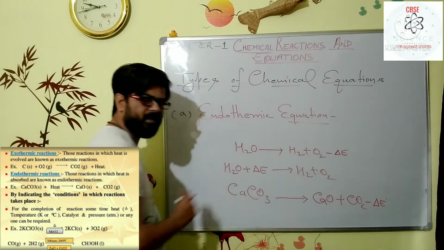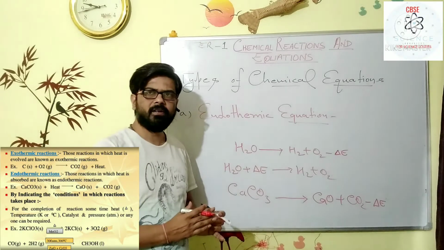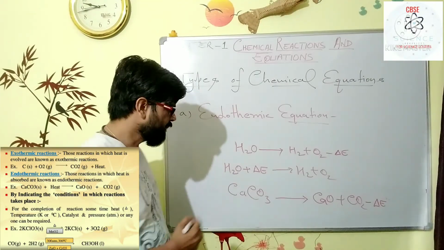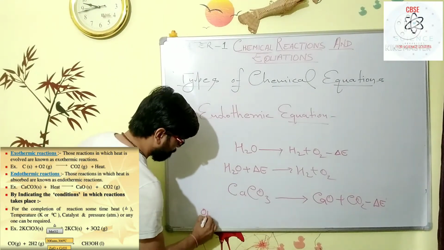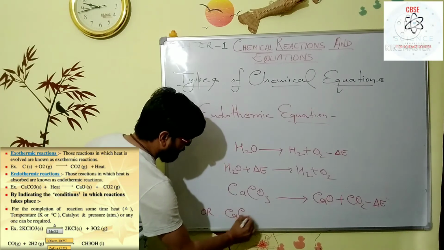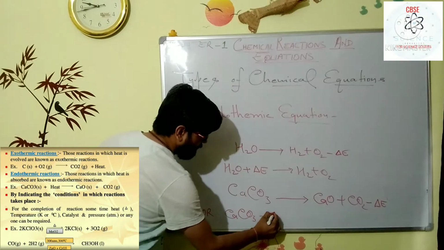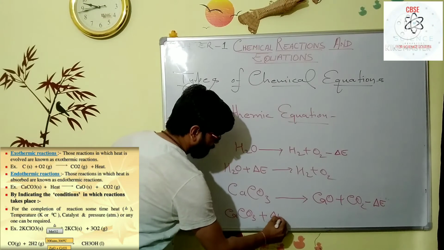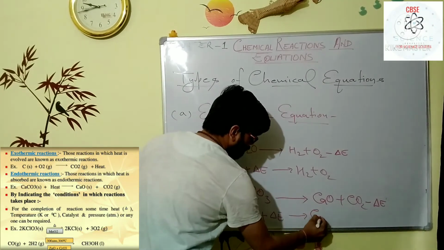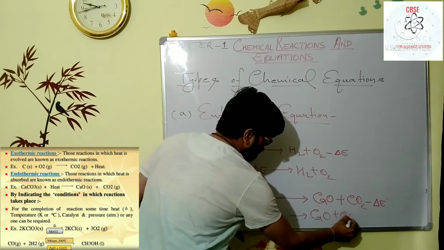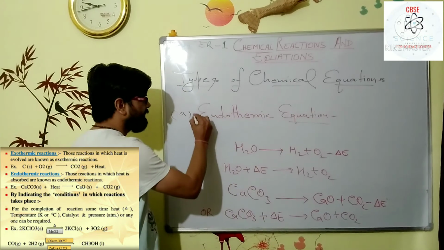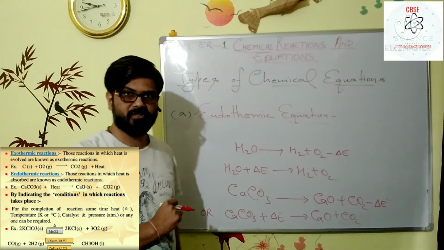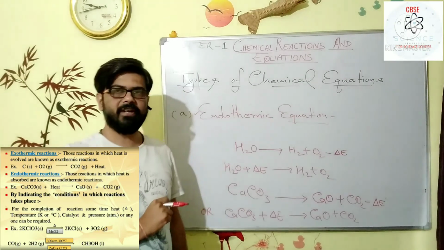So we can write like that with the negative sign toward the product side, or we also can represent this chemical equation like that. So these are the endothermic equations or endothermic chemical reactions.